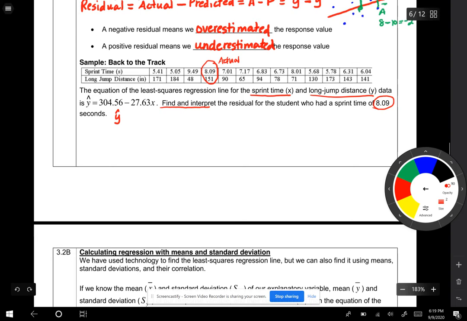So y hat equals 304.56 minus 27.63 times, well, I'll go ahead and put in 8.09 because we want to know what the predicted value is, because we already know what the actual value is. It's 151. So y hat equals, if you do all the math, you get 81.0333. And remember, this is the predicted.